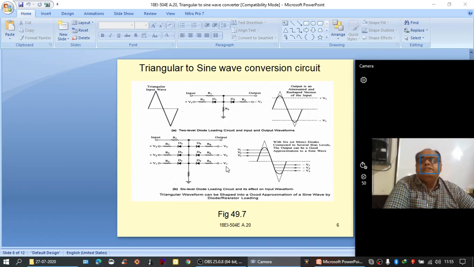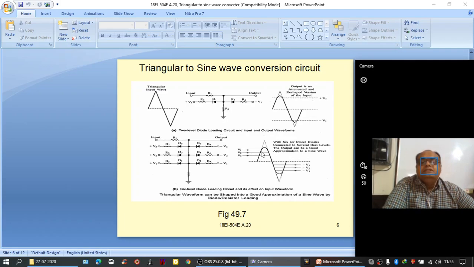When this voltage is lesser than minus V2, diode D4 will conduct. When this is lesser than minus V3, diode D6 will conduct. So even during the negative half cycle, as and when the appropriate diode turns on, the output voltage is clipped to that particular voltage.